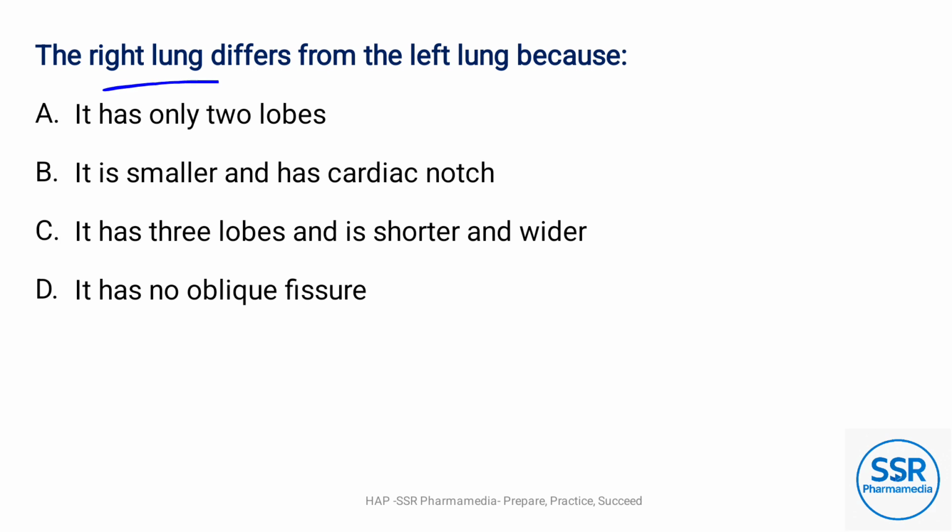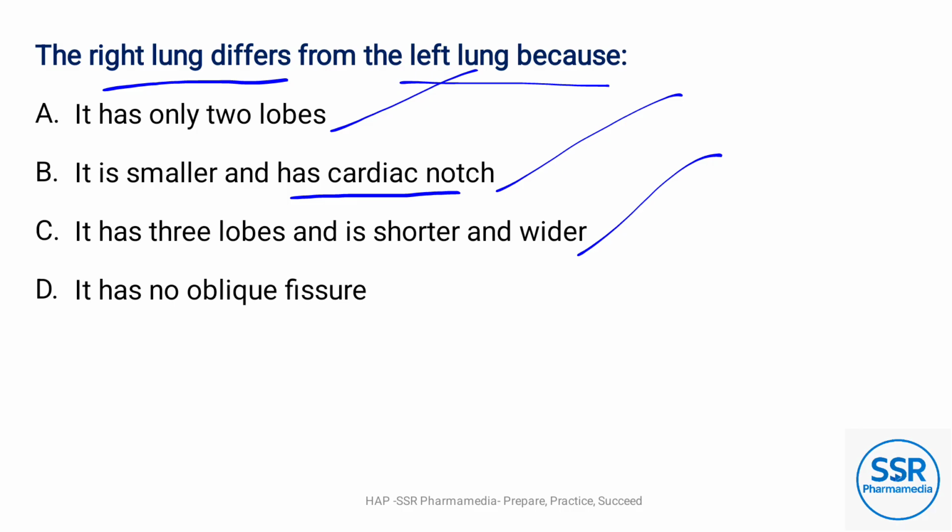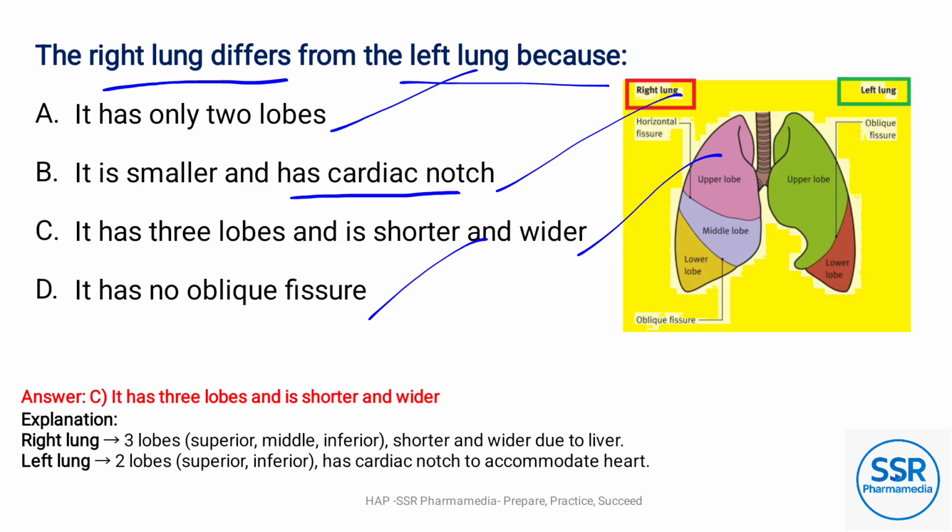Next, the right lung differs from the left lung because: option A, it has only two lobes; option B, it is smaller and has a cardiac notch; option C, it has three lobes and is shorter and wider, and it has no oblique fissure. So the answer is option C. It has three lobes, lobe 1, lobe 2, lobe 3.